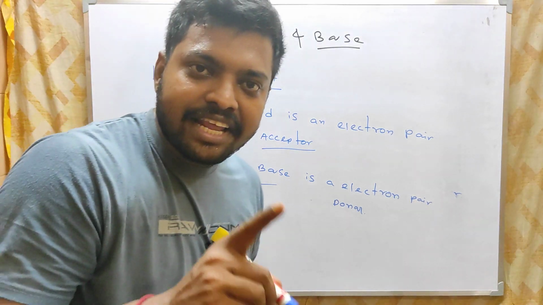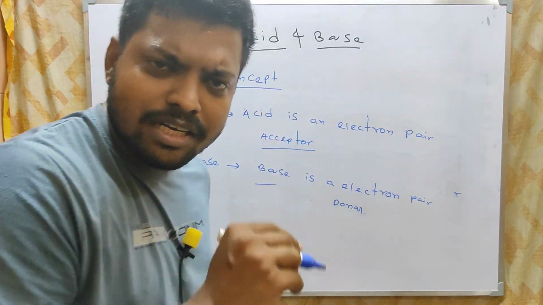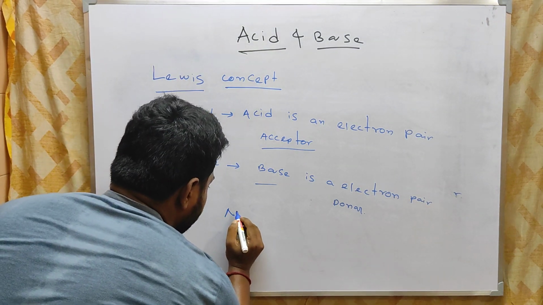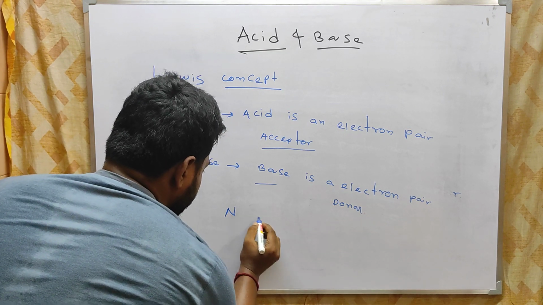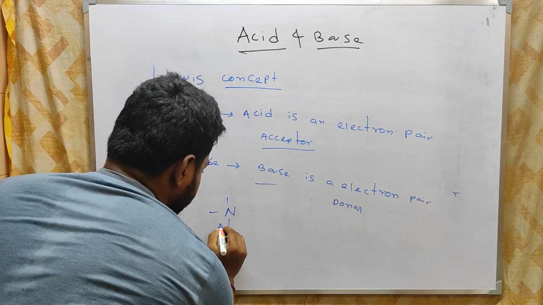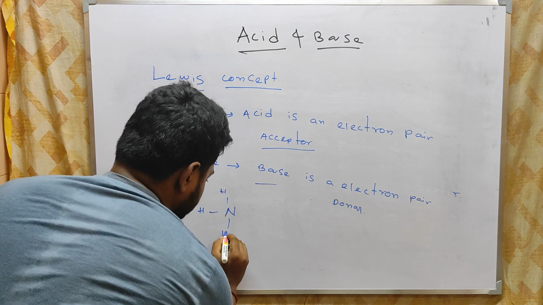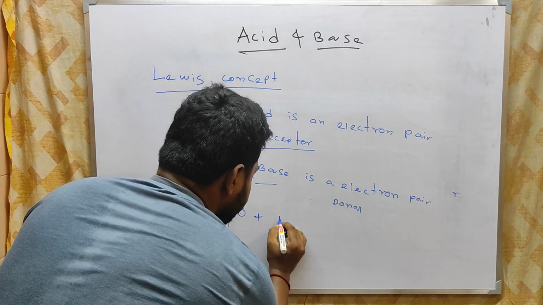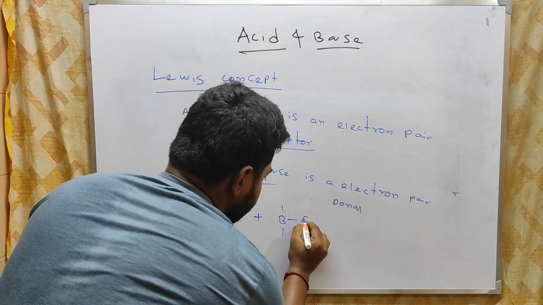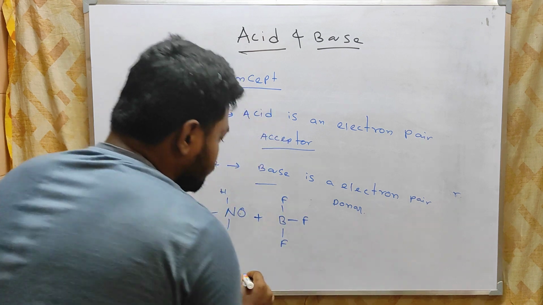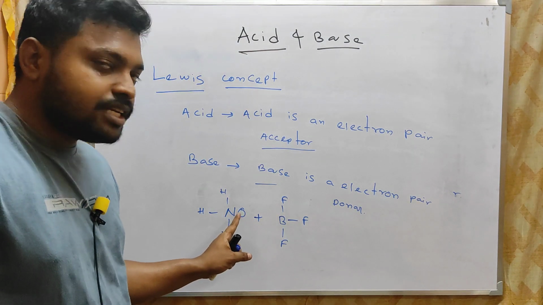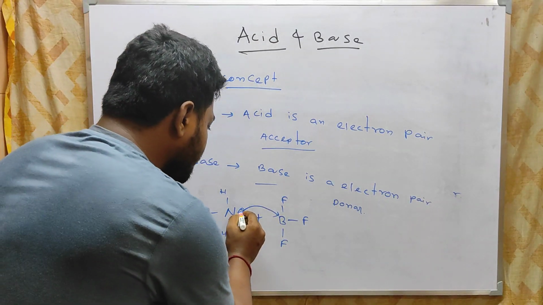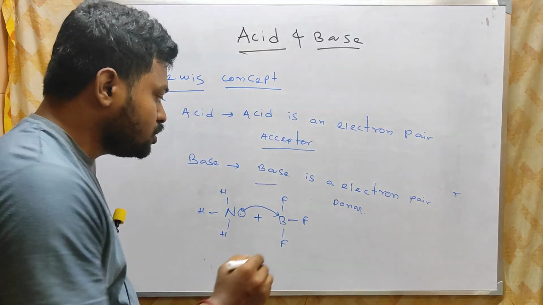If we take an example of acid and base, ammonia has a pair of electrons, and if we take BF3, here ammonia donates this electron pair to boron.